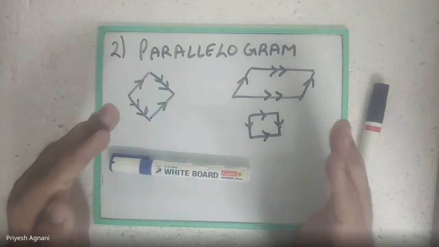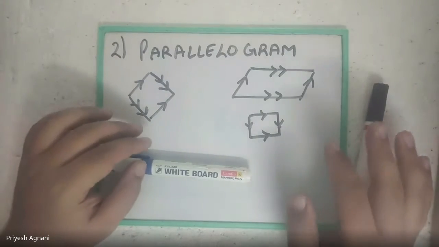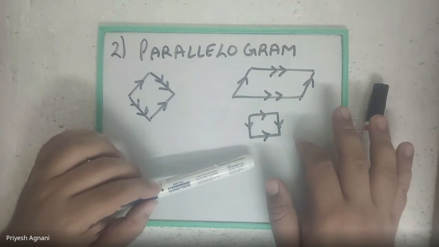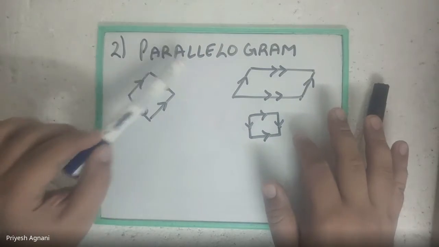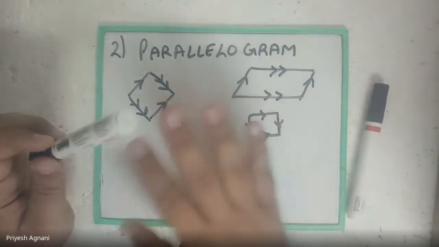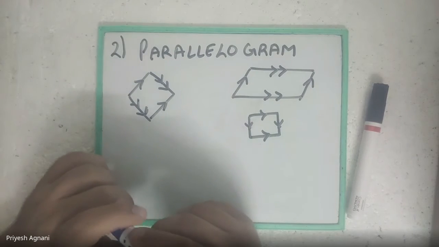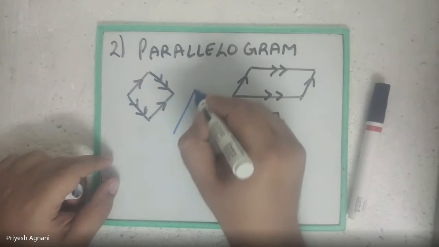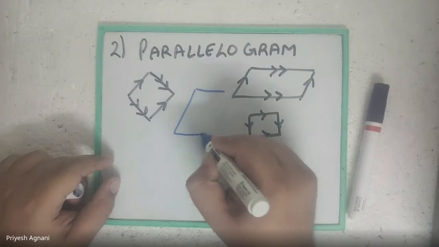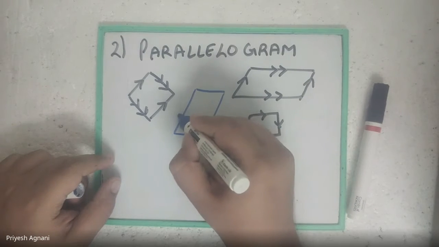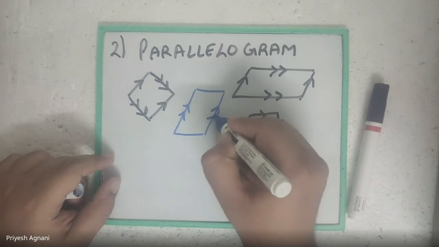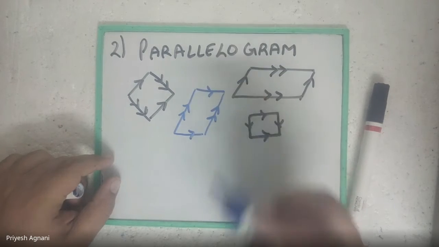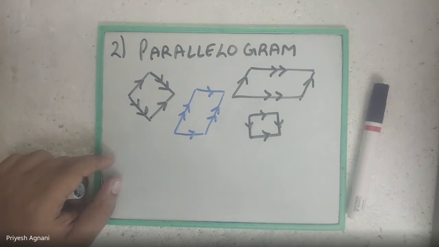Such parallel lines are there in the parallelogram on the opposite sides, and the sides are equal. For example, you can see this type of figure also. So these types of diagrams are parallelograms.